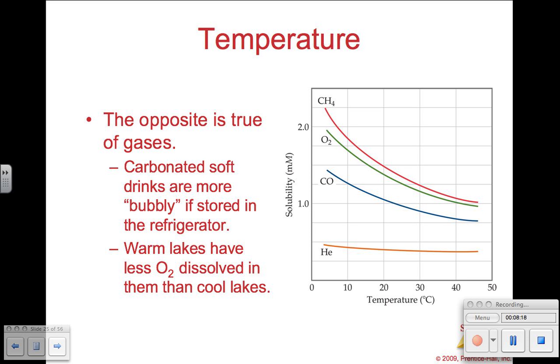And so as the temperature of water increases, less oxygen is available for those organisms. If you think of fish that live in cold water rivers and streams, like mountain rivers, trout are a really good example. They demand a lot of oxygen. They need a lot of oxygen to just breathe.